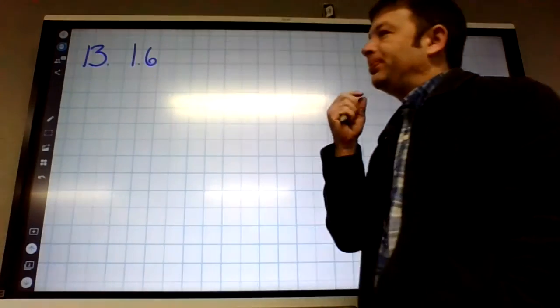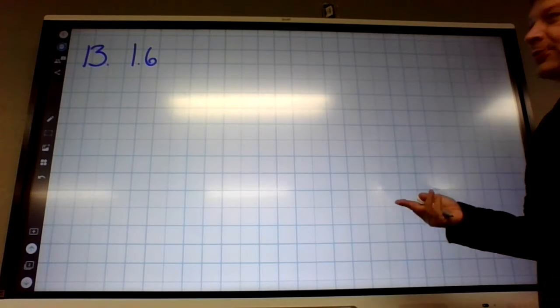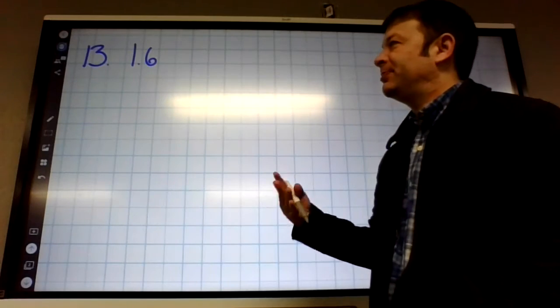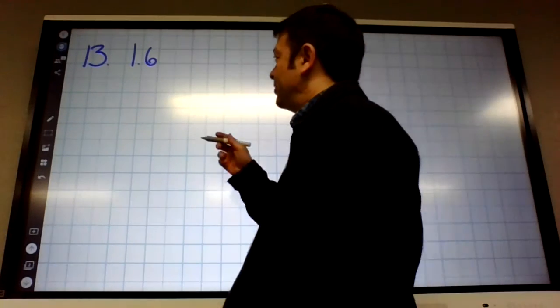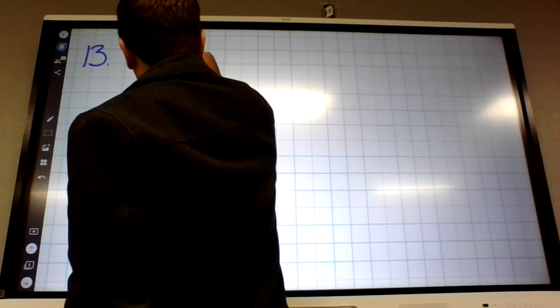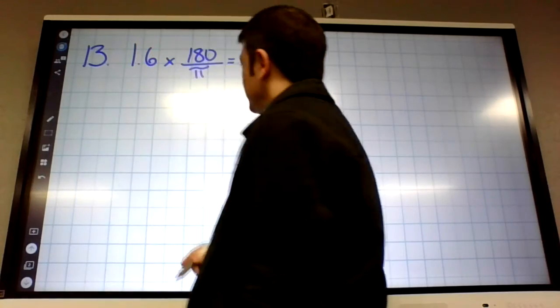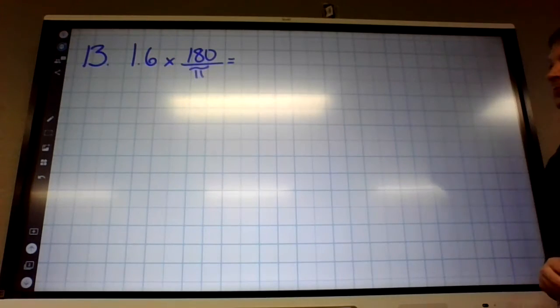So this is 1.6 radians, which is a little over half of 3.14, so this should be a little bit over 90 degrees. The converter is: you want to multiply in the degrees and divide out the radians. So it's just the converter from 11 flipped upside down. You can tell it's radians because they don't put a degree symbol. Also, the directions tell you it's radians.